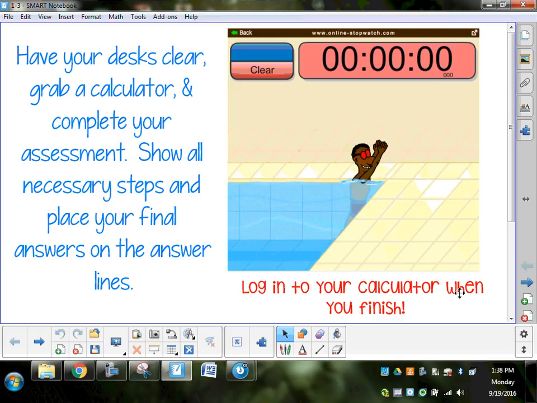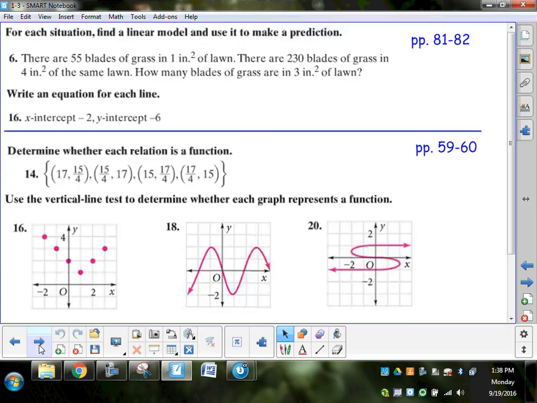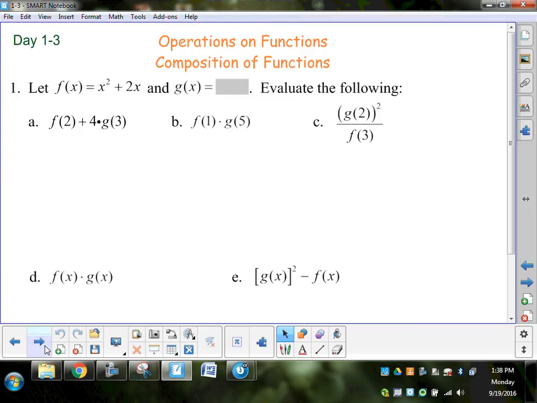And have out your note packets from the other day. We left off on what page was this? Have your note packets out, please.